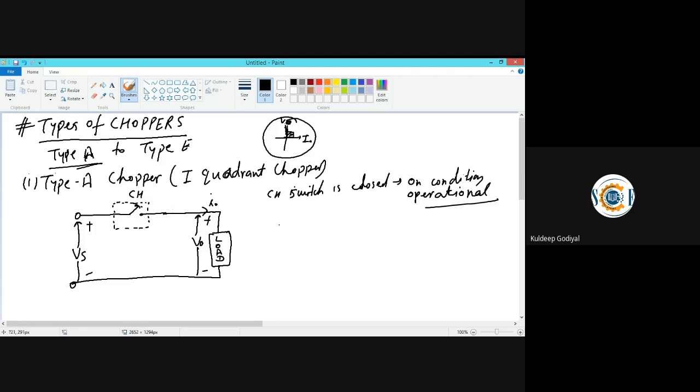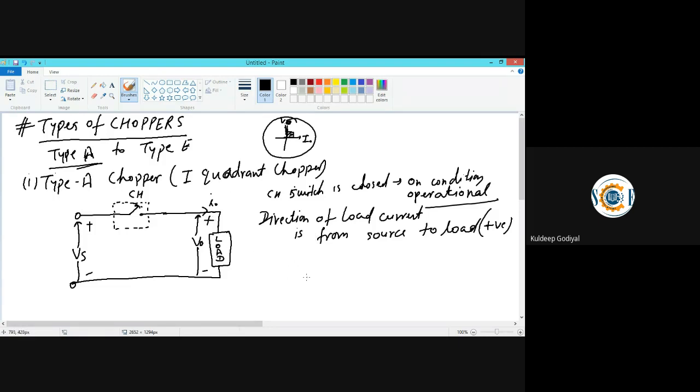We are taking the direction of load current from source to load, and we are making it a convention that this is a positive direction. This is positive load current. The voltage is also positive.